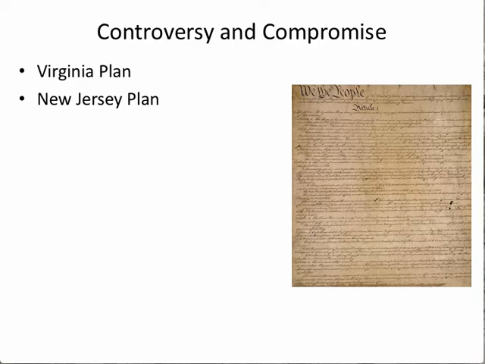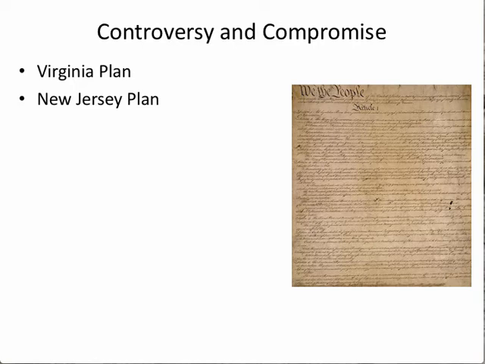Virginia suggested that the federal legislature have two houses, and that membership in both of the houses should be based on population. In other words, the larger states, like Virginia, would have more delegates in both the lower house and the upper house of Congress. So obviously that would really have favored the more populated states.